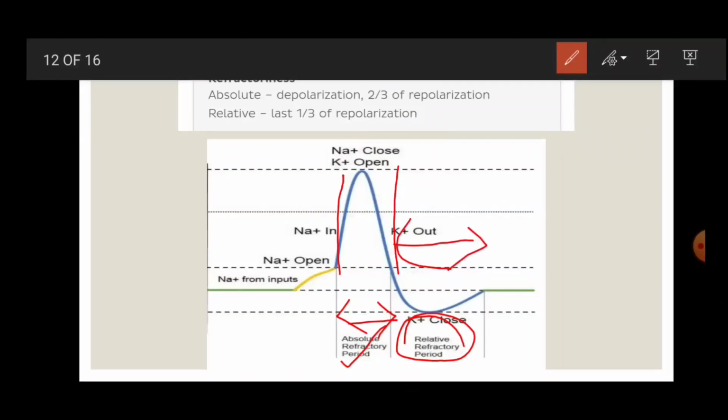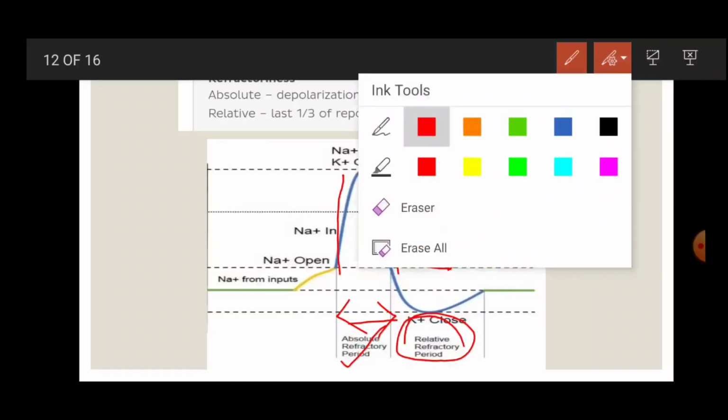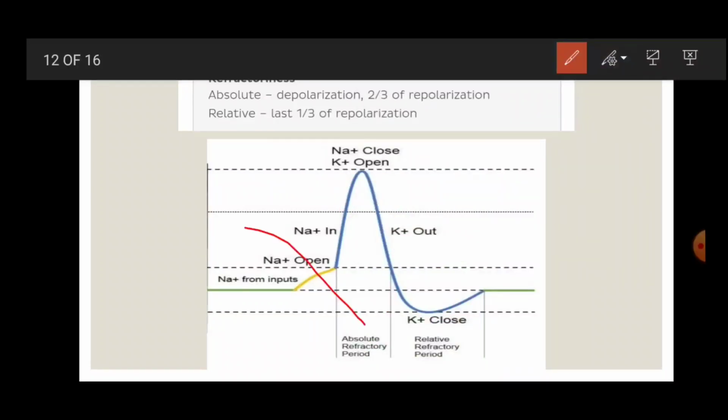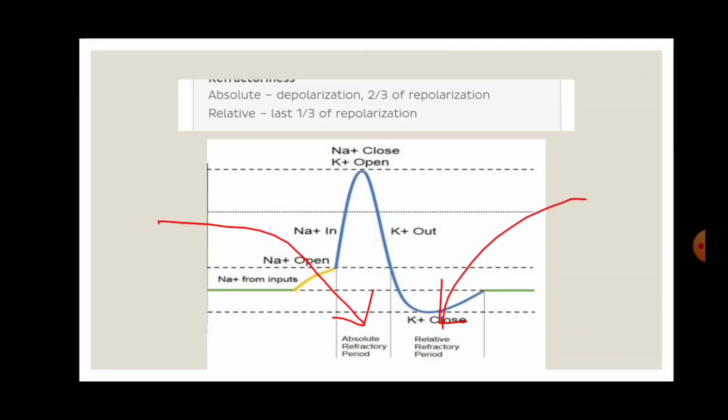During the absolute refractory period, no matter how much stimulus you give, a second action potential absolutely can't be generated. During the relative refractory period, if you give a stimulus above the threshold value, then a second action potential could be generated. So this is the concept of refractory period.